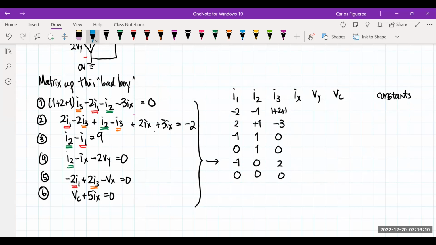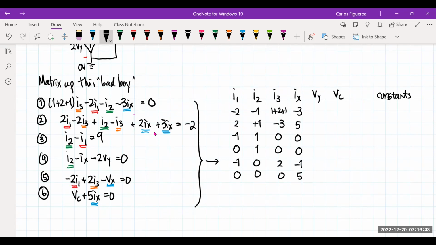Now if I focus on IX, I get IX here, here, here, and then right here and right there. Again, being careful here, this is going to be minus 3. Now look at that. I get 2 plus 3. That gives me 5. So I'm going to put 5. Then I'm going to get 0, 0, minus 1, 5.